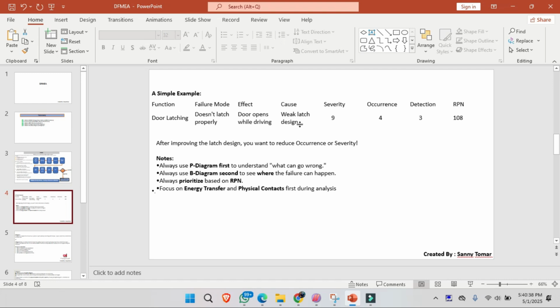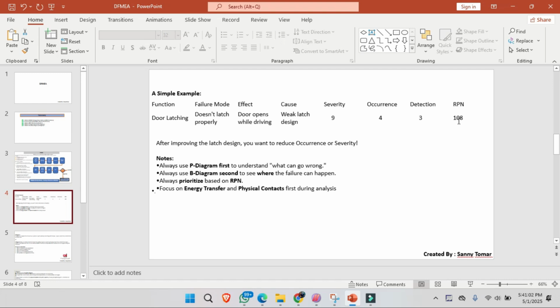Then we calculate the severity, occurrence and detection. The severity is 9, occurrence is 4 and detection is 3, and then we calculate the RPN. RPN is equal to severity multiplied by occurrence multiplied by detection, so 9 multiplied by 4 multiplied by 3 is equal to 108.